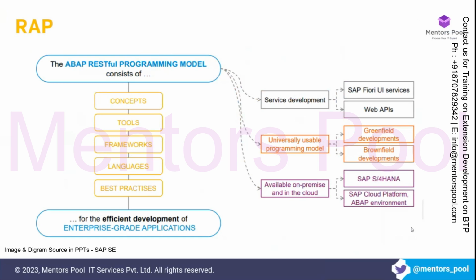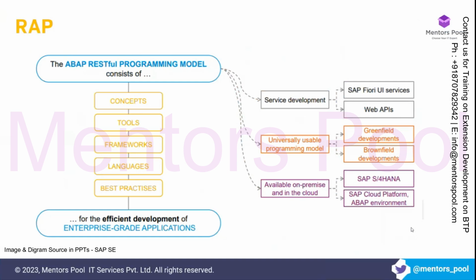We have looked into RESTful ABAP programming model and how extensibility is served with the help of ABAP on cloud. When we talk about ABAP on cloud or RESTful ABAP programming model, it has some concepts, some tools.